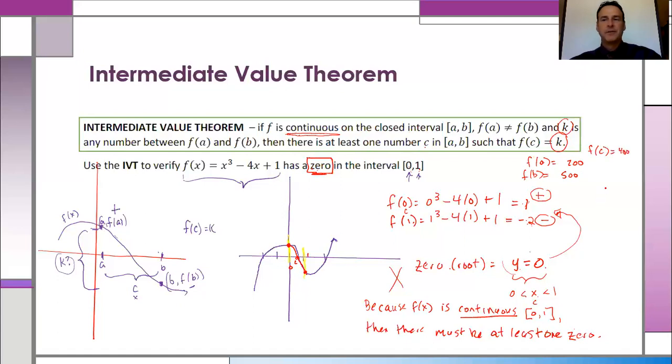And what you would say is, at some point C, which is in between my A and my B, there has to be a y value or an output of 400, because my one endpoint gave me 200 and my other endpoint gave me 500. And by the intermediate value theorem, there must be some value of C where I get a 400. As long as you show that this exists for each of the endpoints, then this is also verified.